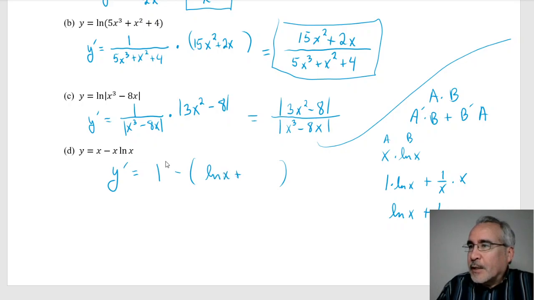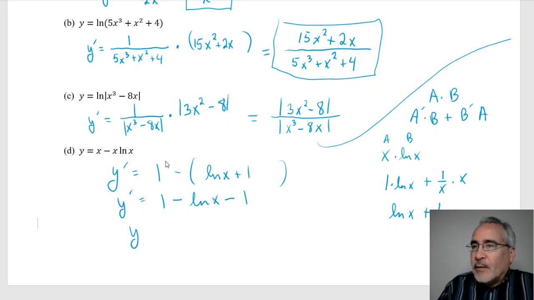Natural log of x plus 1. But notice, this negative here is going to distribute through. So then we get y prime equals 1 minus natural log of x minus 1. 1 minus 1 is 0, so we get y prime equals negative natural log of x.